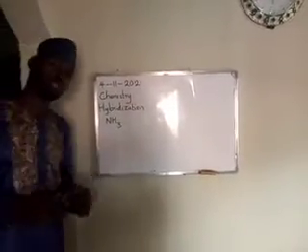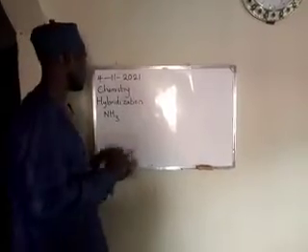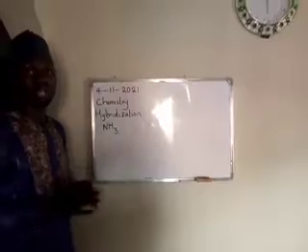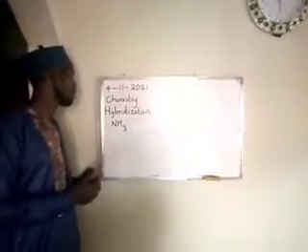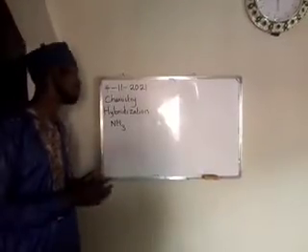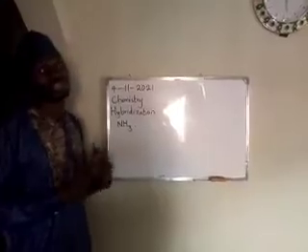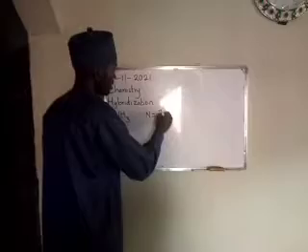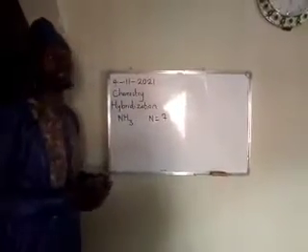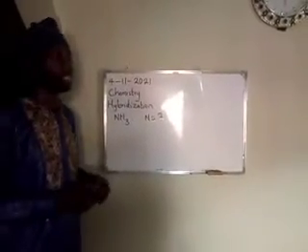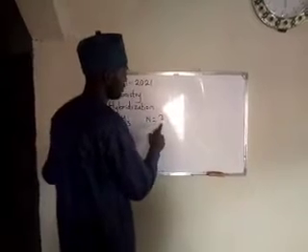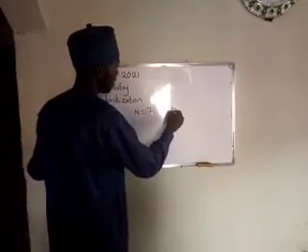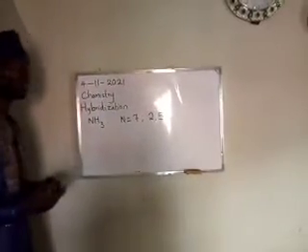Now, don't forget that in the normal structure of ammonia, nitrogen is supposed to have the atomic number of 7, isn't it? Nitrogen is 7, while oxygen is 8. We are supposed to have the electronic configuration of nitrogen to be 2, 5.